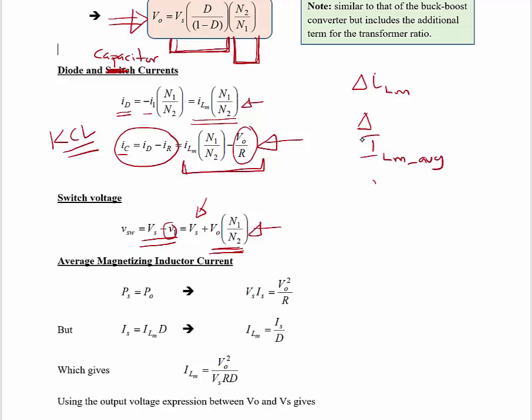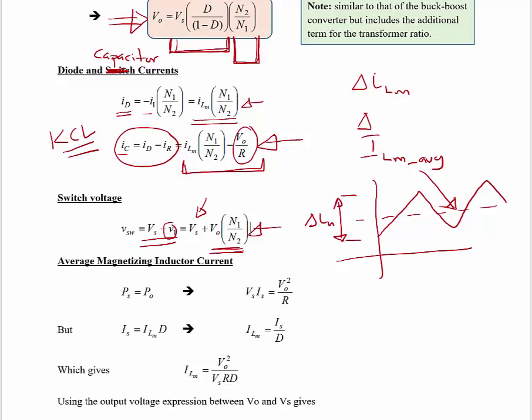So we need to find the average current of the inductor, and knowing that average value, in addition to the change in inductor current for the magnetizing inductance, which we've calculated already, is then going to help us to find the maximum current and also the minimum current, to make sure that this minimum current is always greater than 0, to make sure we are operating in the continuous current mode for the power supply.